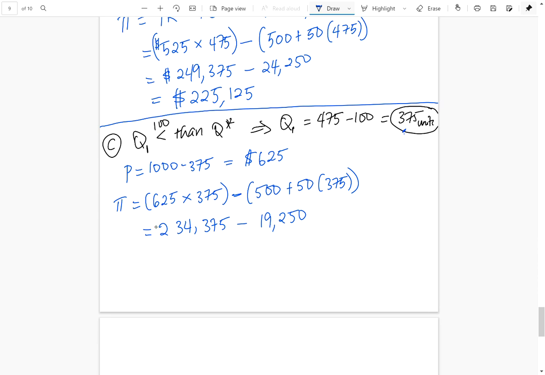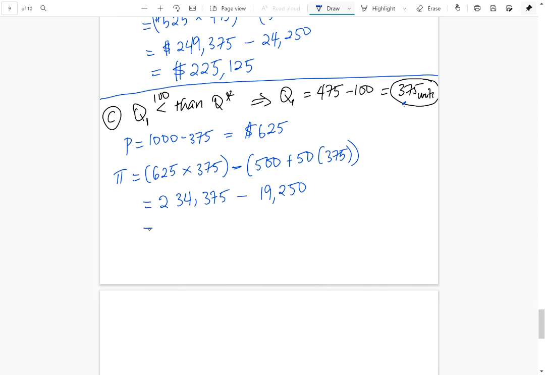They're selling less stuff but at a higher price, so it's pretty close. And they're producing less stuff, which is why that cost is lower. However, let's see what the profit turns out to be. Well, this is $215,125 compared to our profit from above of $225,125 at the profit maximizing quantity.